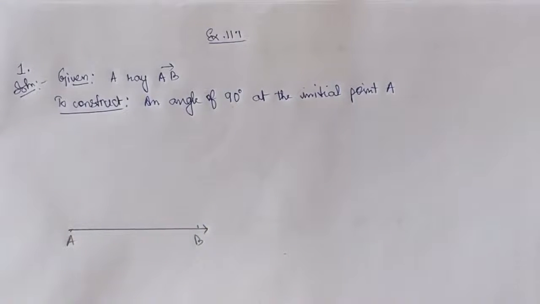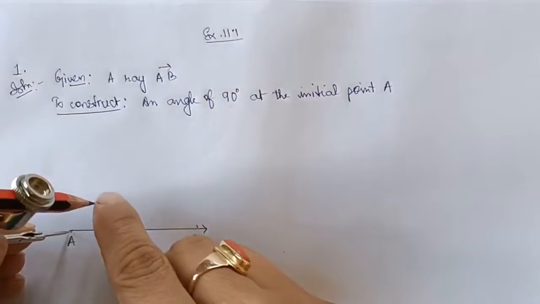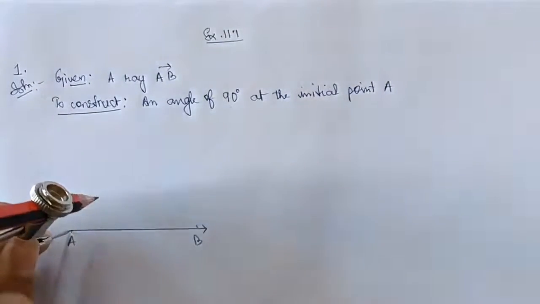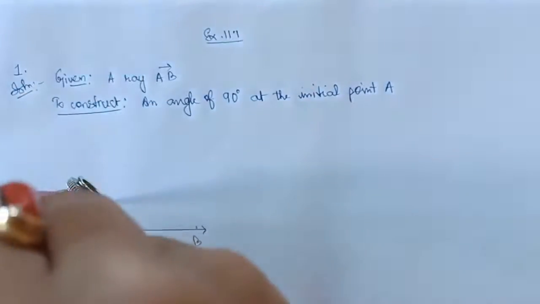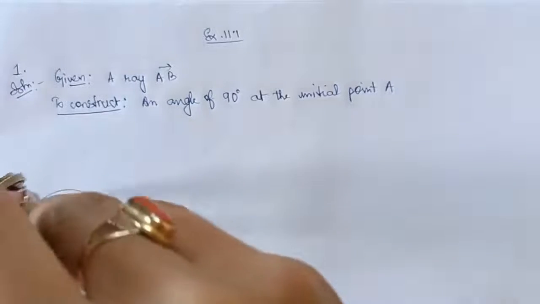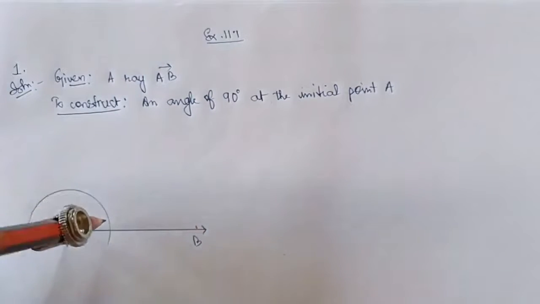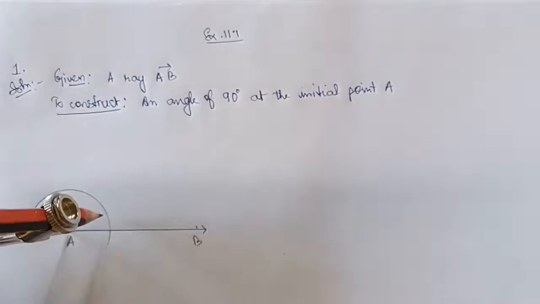So for that, we are going to take the compass and with center A and a suitable radius, we are going to draw an arc intersecting the ray AB at some point.